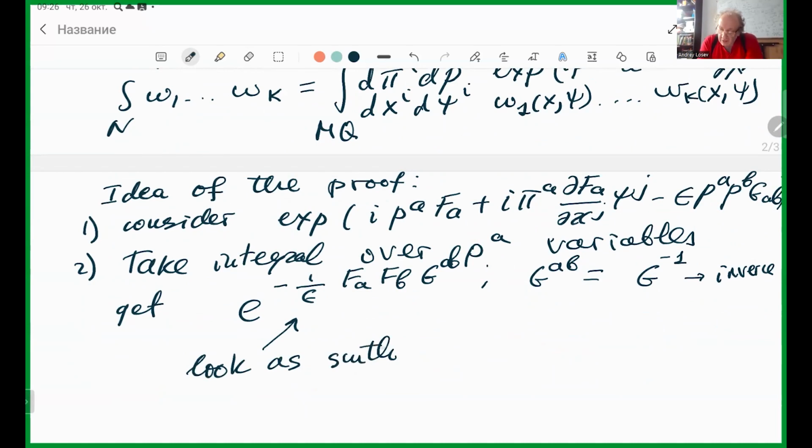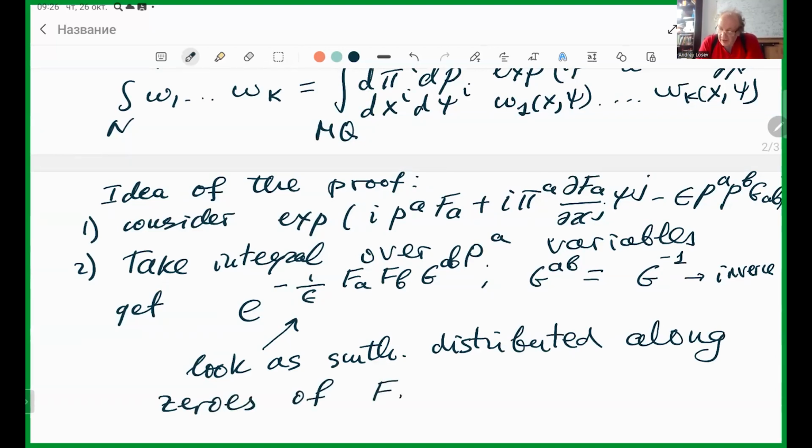Look at something distributed along zeros of Fa. So here it's the number of equations.